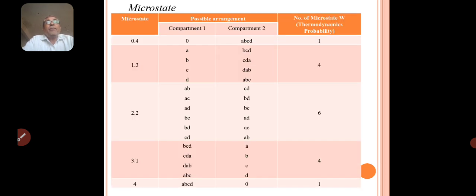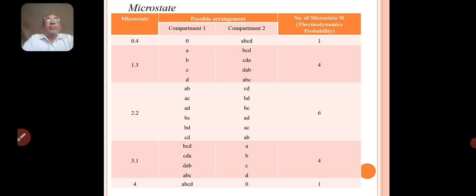Now we will see the microstates. In the microstates, the possible arrangements and the number of microstates are denoted by W. Microstate (0,4): in the first compartment 0 and in the second compartment ABCD, its probability is 1.